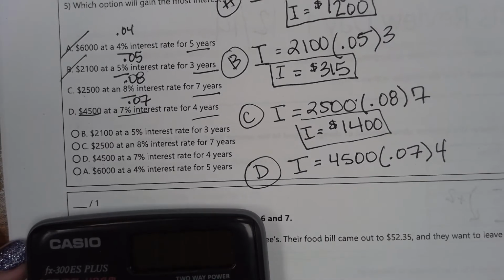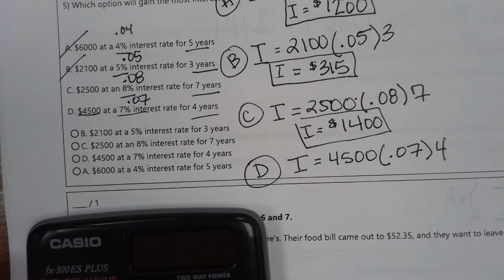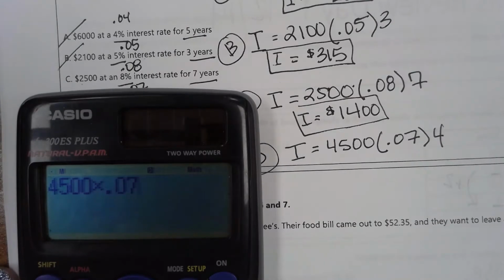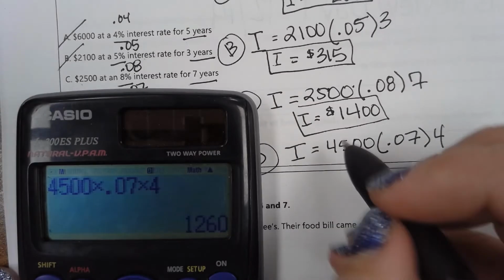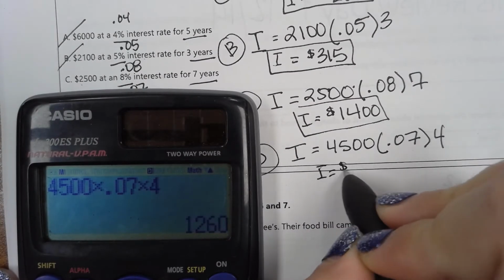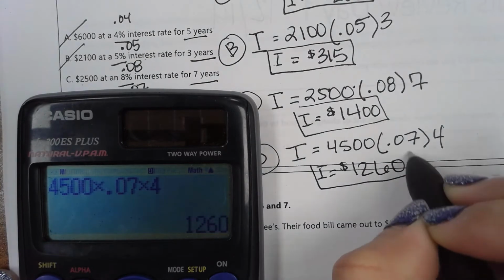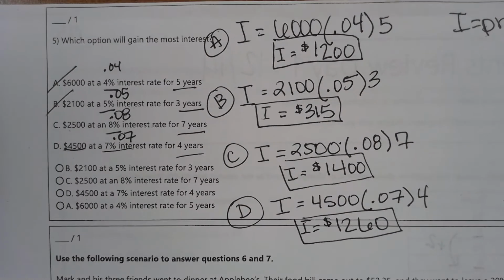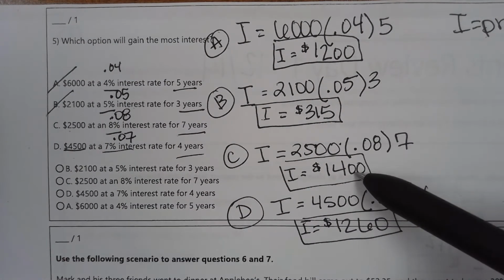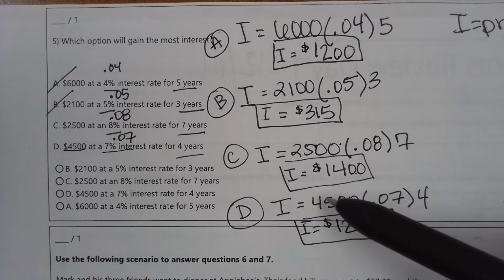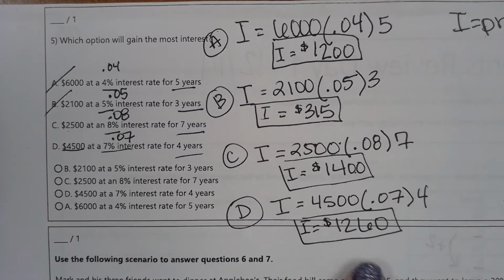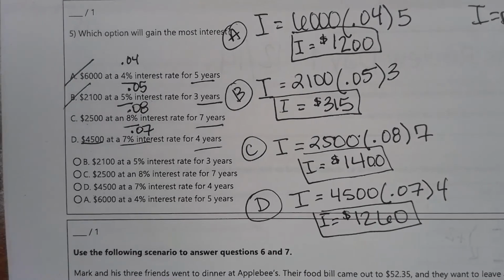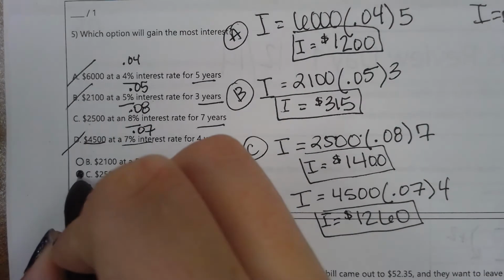And then all that we have to do now is multiply all those numbers together to get our interest. So 4,500 times 0.07 times 4 gives us an interest of $1,260. So which one has the most interest? Well, it was option C with that $1,400, since $1,260 is not bigger than that $1,400. So our answer is C.